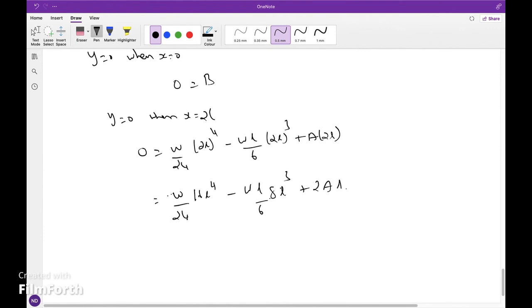Therefore 2AL is equal to 4 omega L power 4 by 3 minus 2 omega L power 4 by 3.